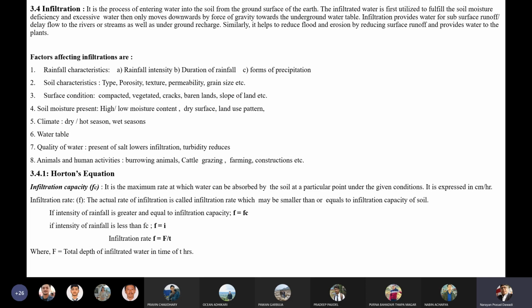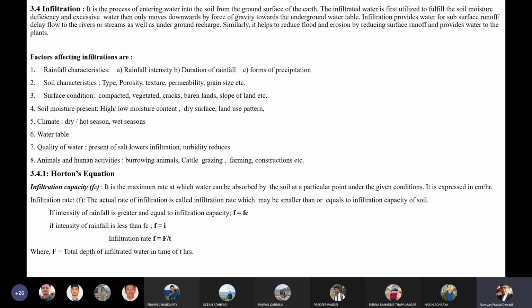The type of soil means some soil is clay soil, some is black cotton soil, some is sandy soil, some is loam soil. You can see here that black cotton soil has very fine particles, so it does not let the water seep into the ground, and that's why the infiltration rate is slow for black cotton soil in comparison to sandy soil. Okay, this is the type of soil.